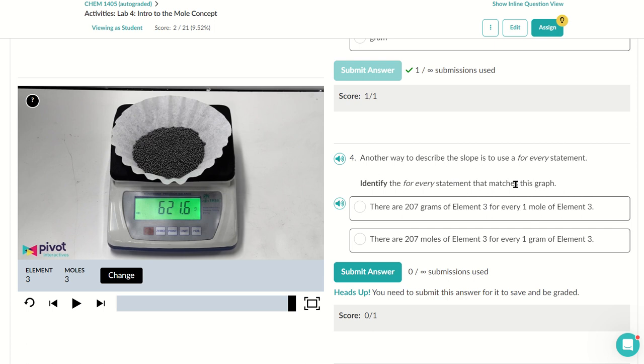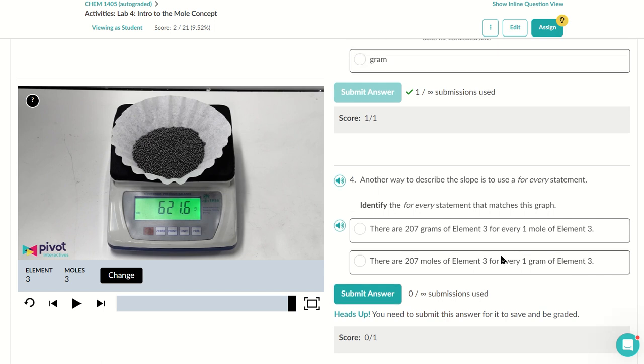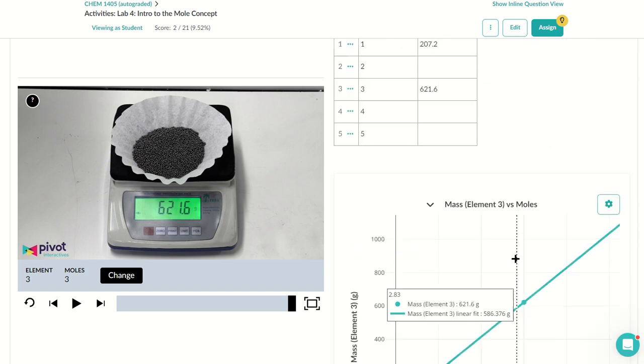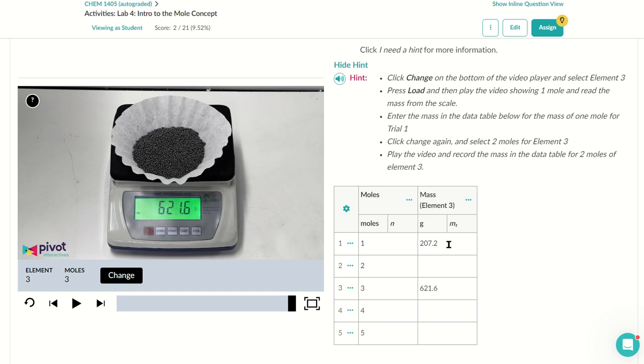Now, another way to reword this is to think about, and also for us to go back to our original data set. So if you take all these 5 measurements, you're going to notice there's a pattern.